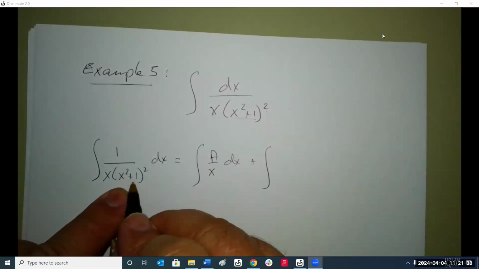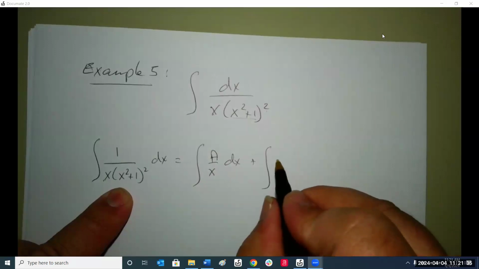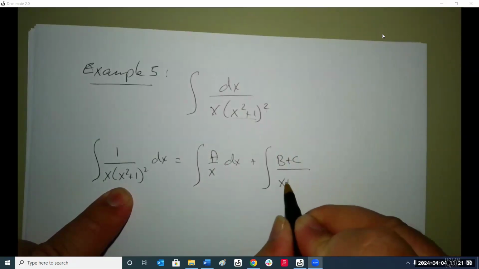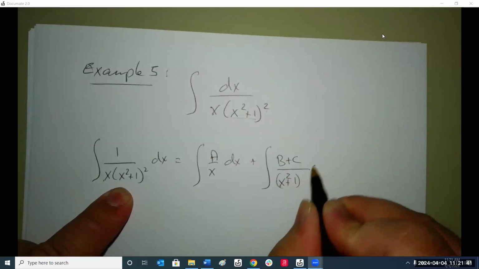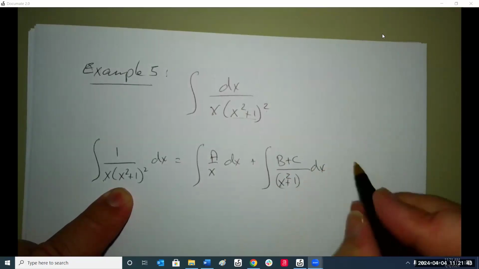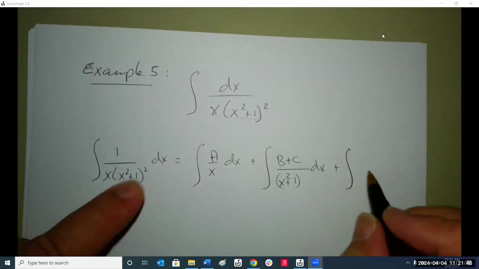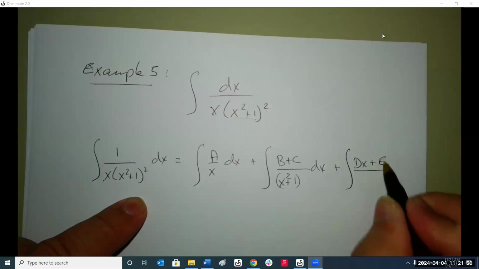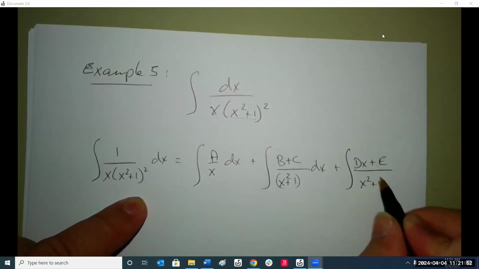We have x squared plus 1. That's irreducible. So we have bx plus c over x squared plus 1. Then we have to have another one. So it's dx plus e over x squared plus 1 squared.